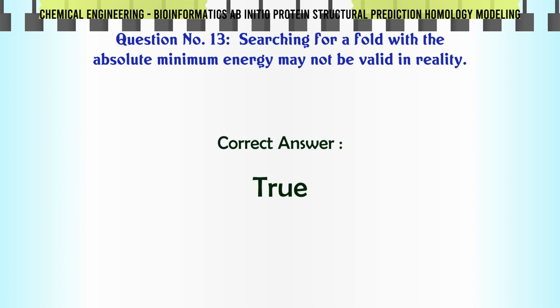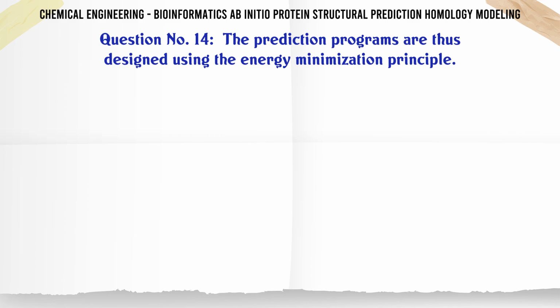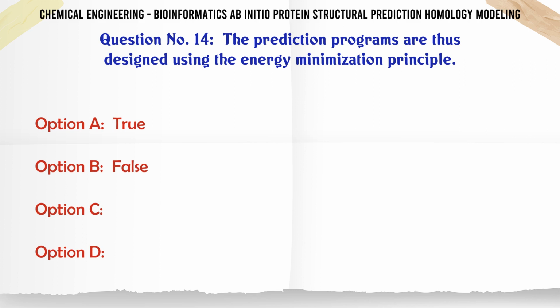Searching for a fold with the absolute minimum energy may not be valid in reality. A. True. B. False. The correct answer is true. The prediction programs are thus designed using the energy minimization principle. A. True. B. False.